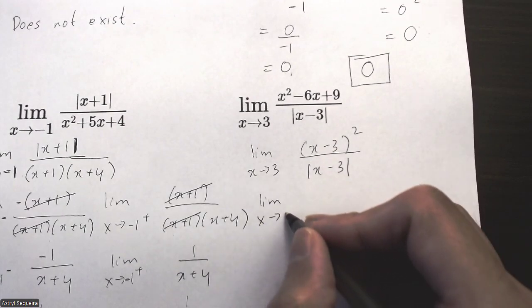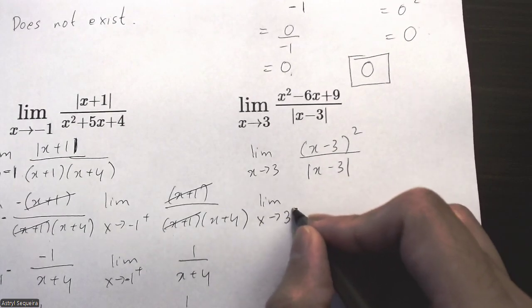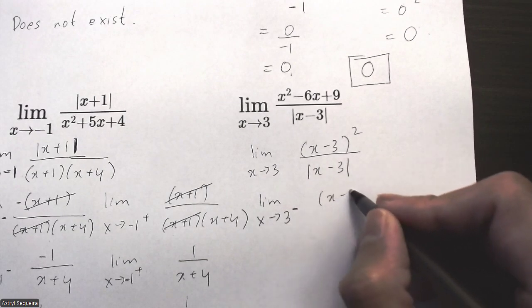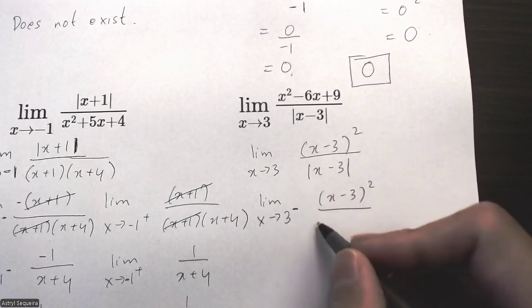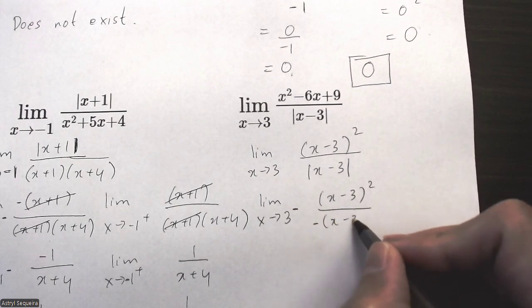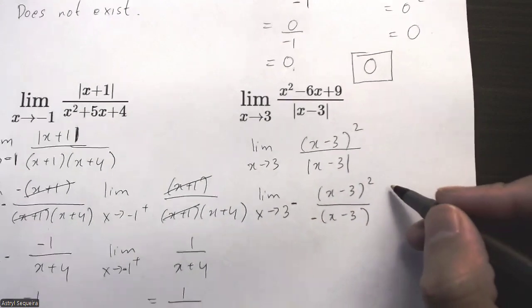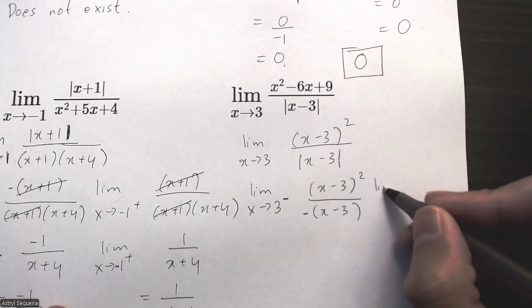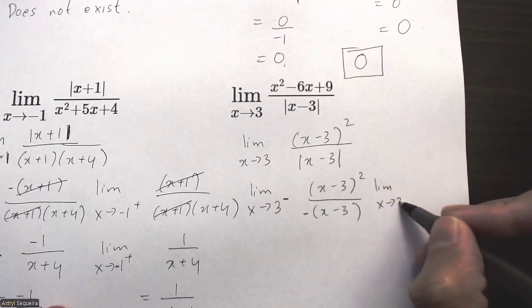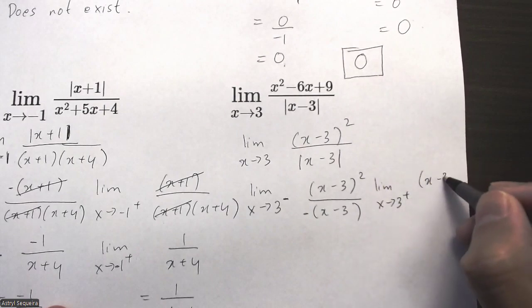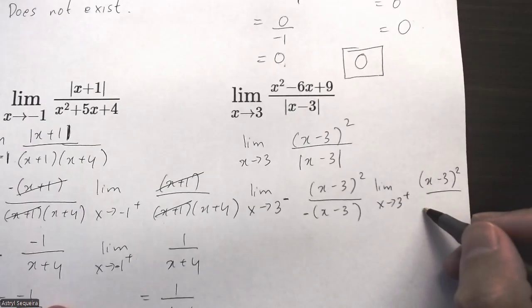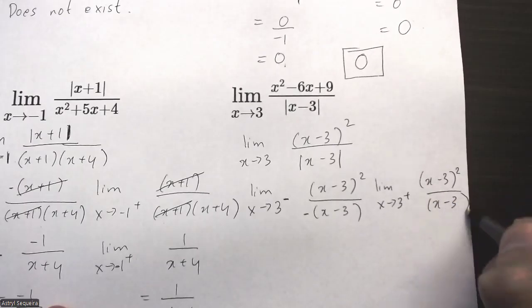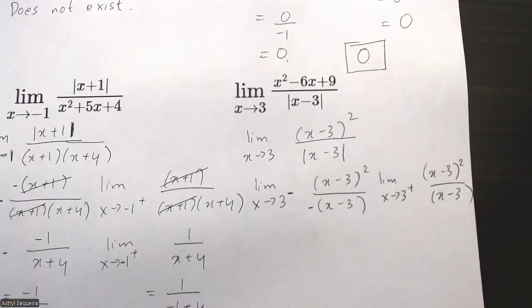So let's start with the left-sided one. This approaches 3 from the negative side. Top is going to stay the same. The bottom, I'm going to put a negative and put an x minus 3. And then let's squeeze in my right-sided limit over here. It's just x minus 3 squared over positive x minus 3.